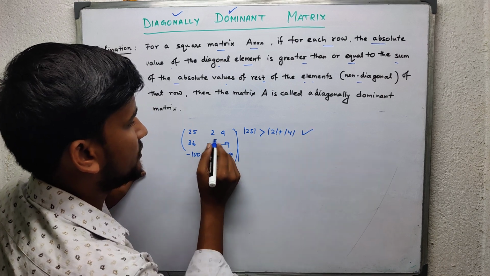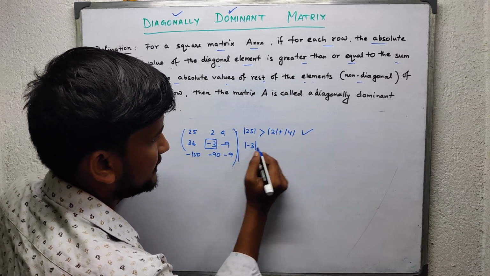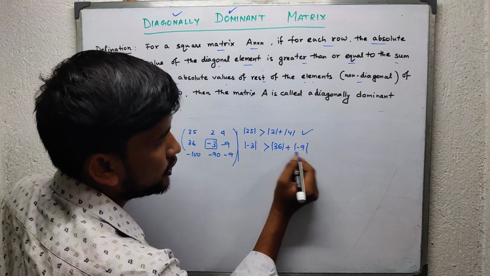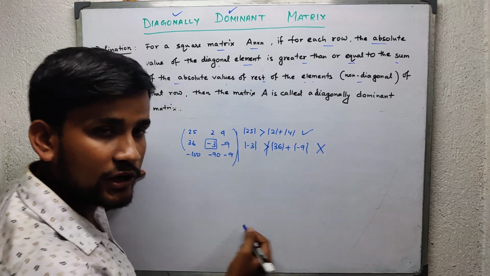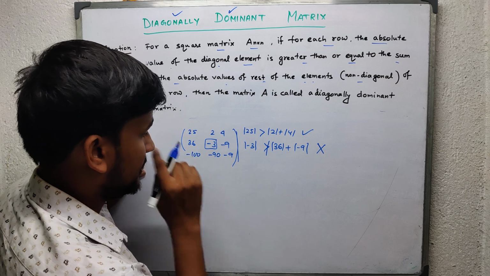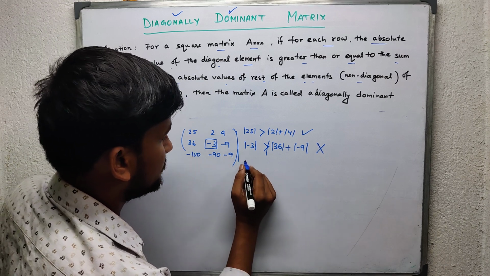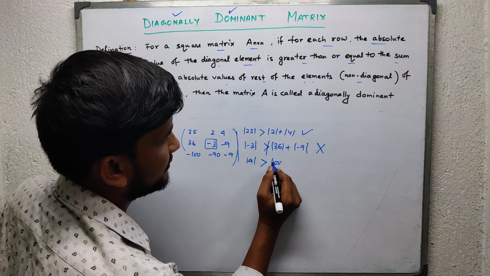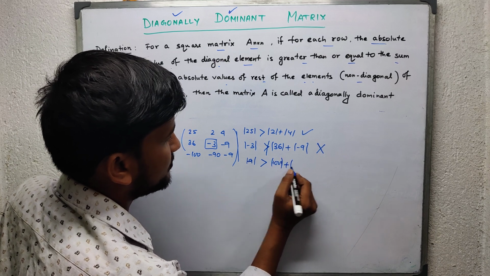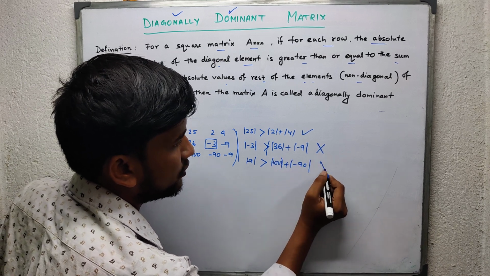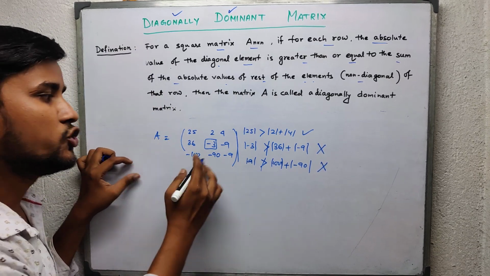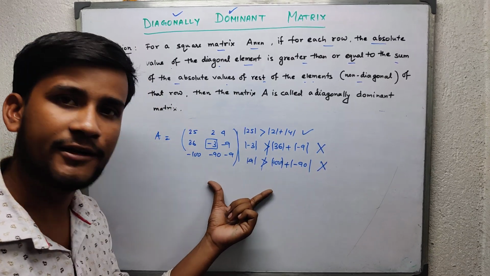Now mod of minus 3 is greater than mod of 36 plus mod of 9? No, this does not hold. Then mod of minus 9 is greater than mod of minus 100 plus mod of minus 90? This also does not hold. That is, this matrix, suppose A, is not a diagonally dominant matrix.